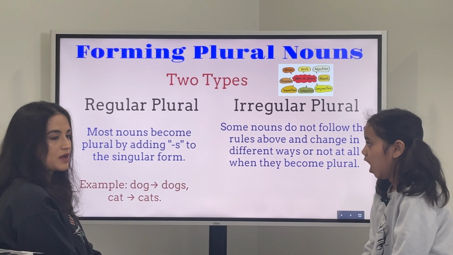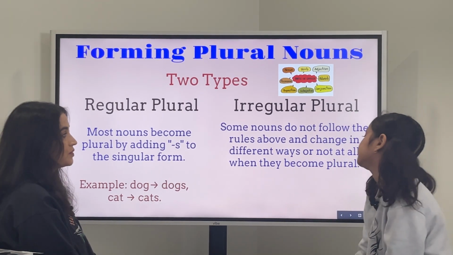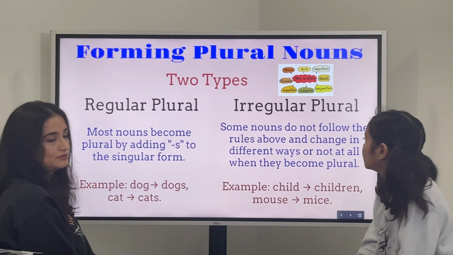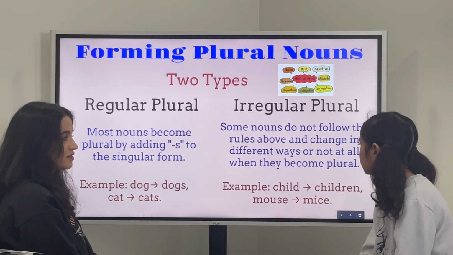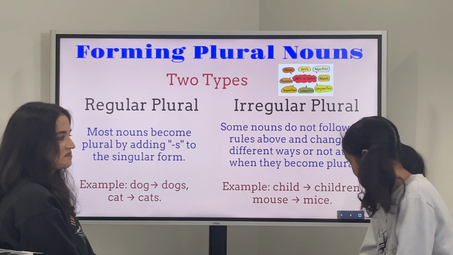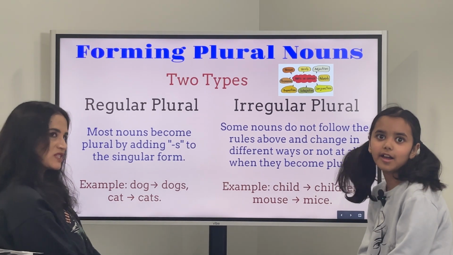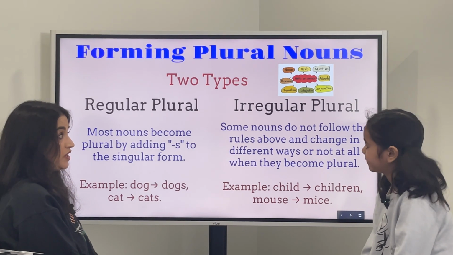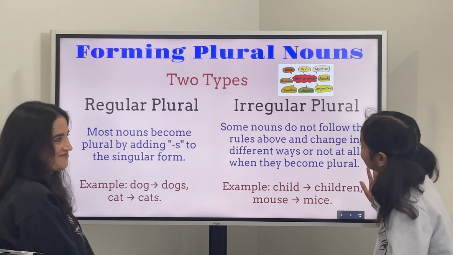But there are some irregular plurals, which are nouns that do not follow the rules above and change in different ways, or not at all, when they become plural. Example: child, children, mouse, mice. It cannot be child's or mouses. So irregular nouns don't like to follow the rules. They have their own rules.